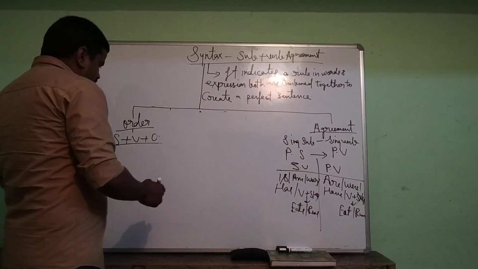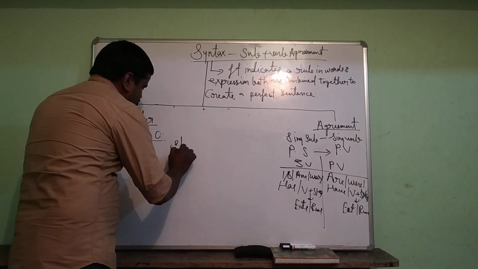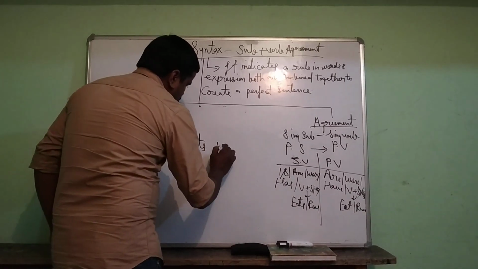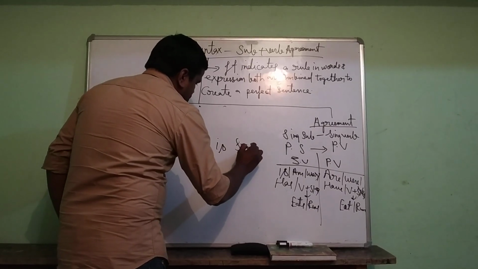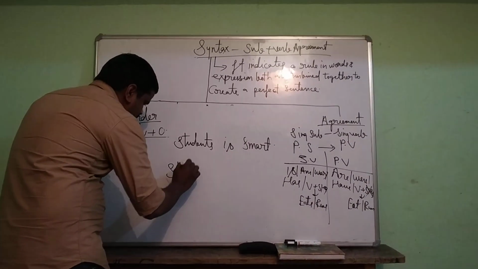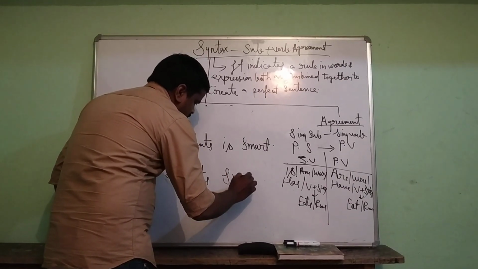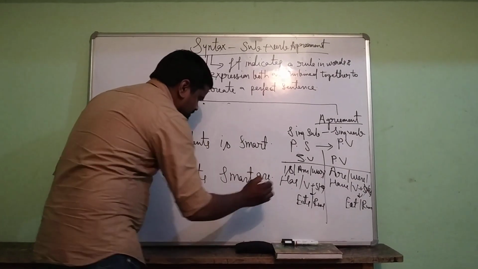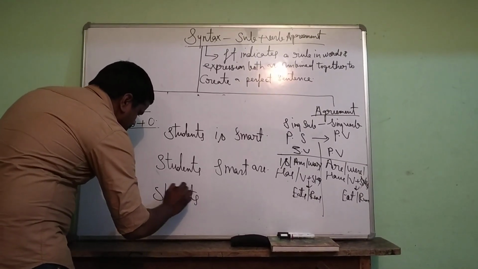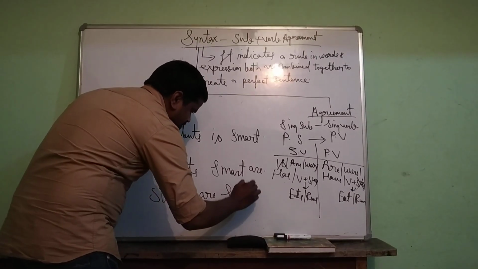Suppose we take three sentences: "As students, he is smart," "As students, smart are," and "Students are smart."